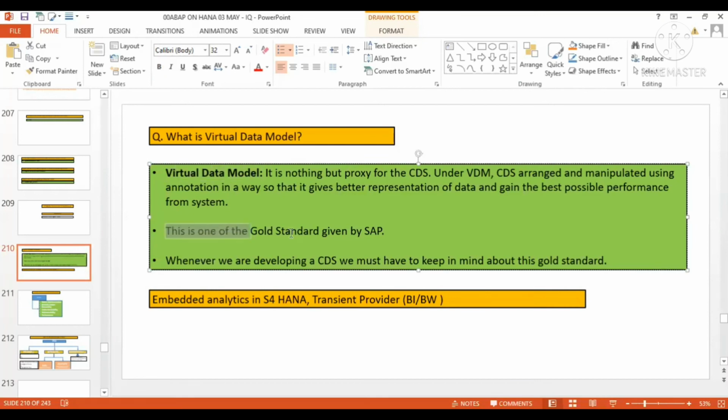This is one of the gold standard given by SAP, right? Why we are supposed to use this one? Because when we are using the virtual data model, it's very good for accessing the data. It's very good for reusability purpose. It is going to give you the better categorization.